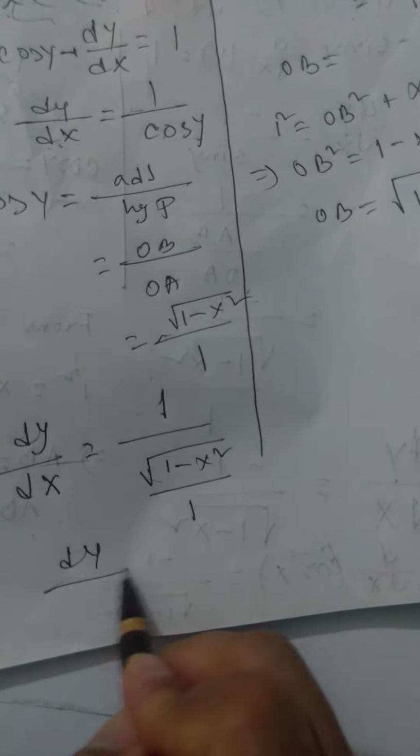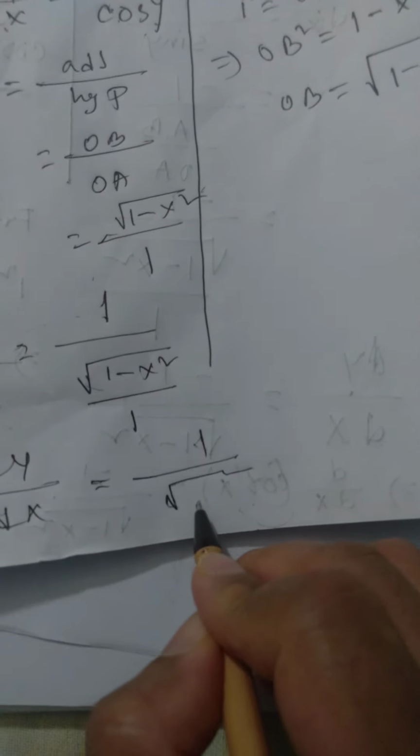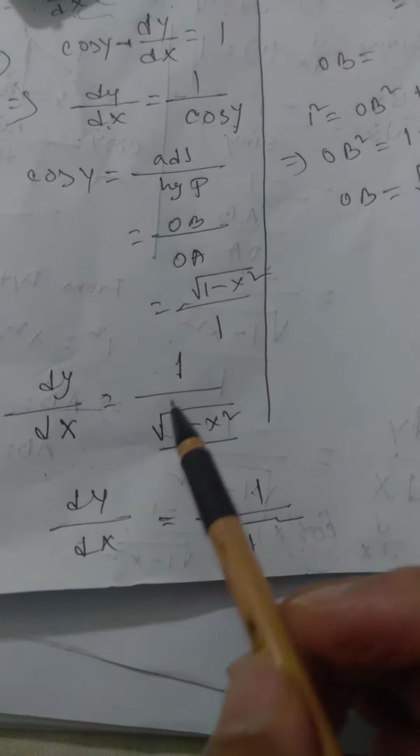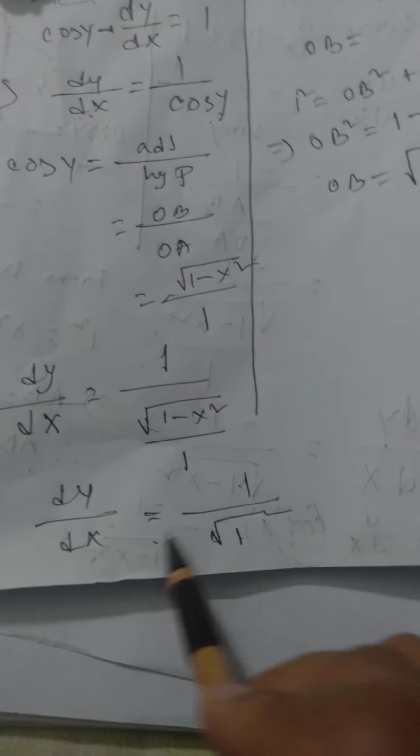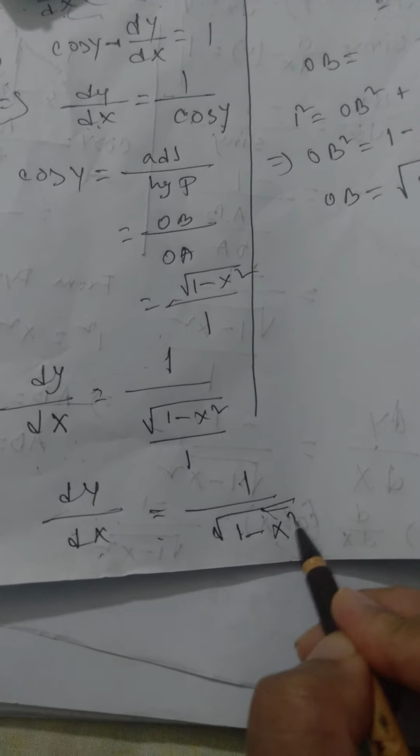So the derivative of sin inverse x, dy by dx, equals 1 over the square root of 1 minus x square.